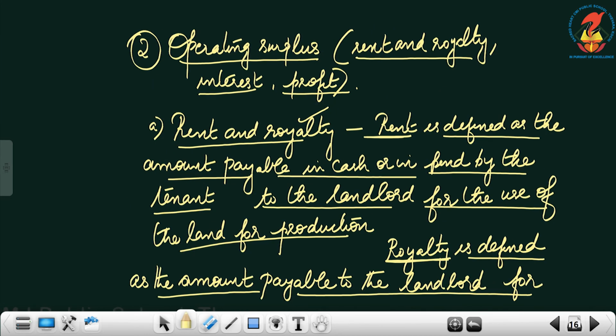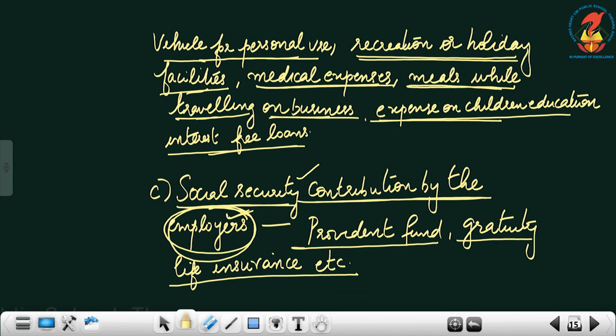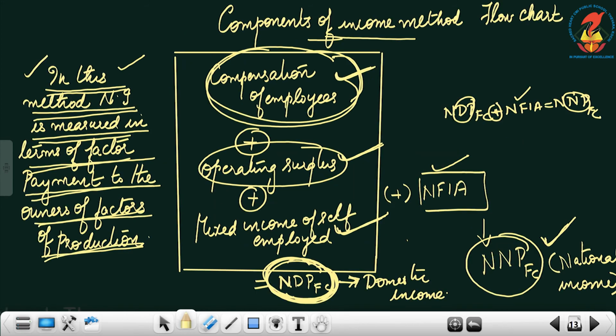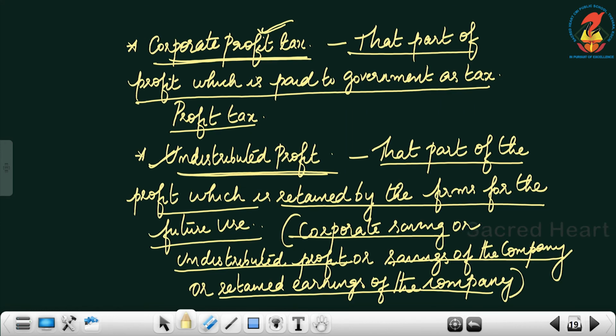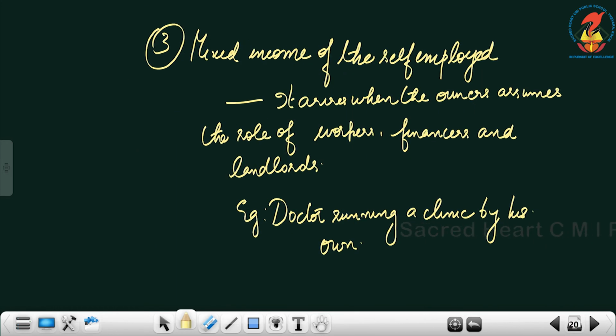So we have completed the second component of the flow chart, that is operating surplus. The last one is mixed income of self-employed. That is what we are going to learn. What is this mixed income of self-employed?